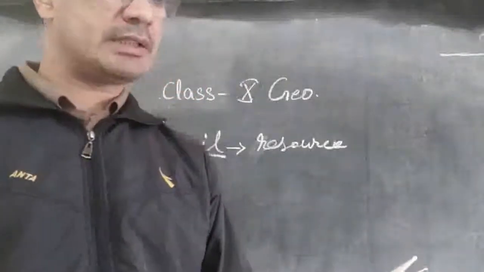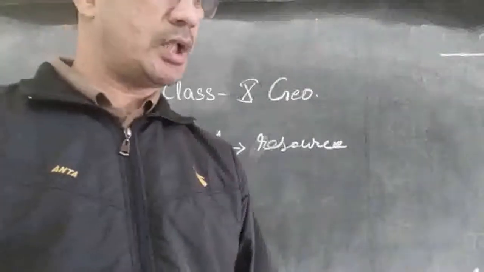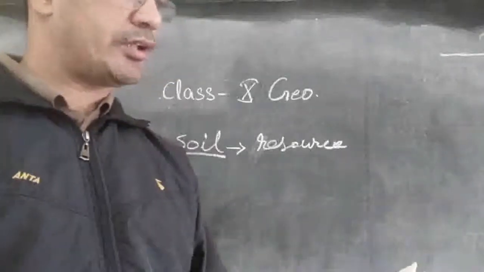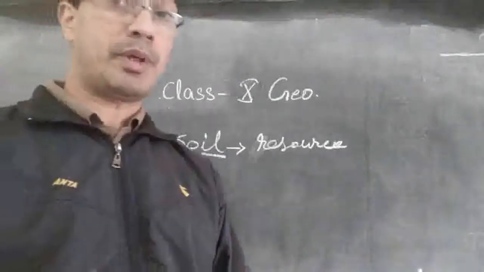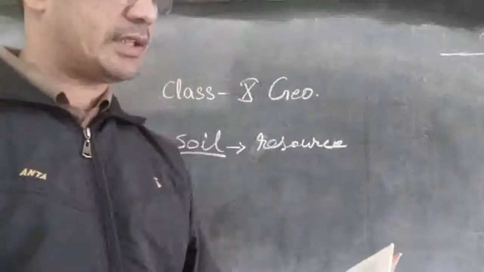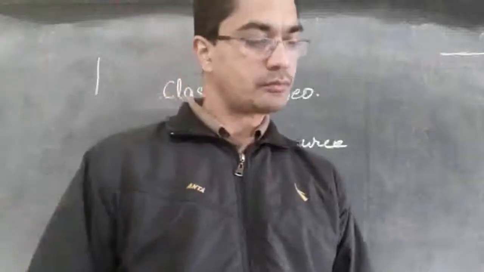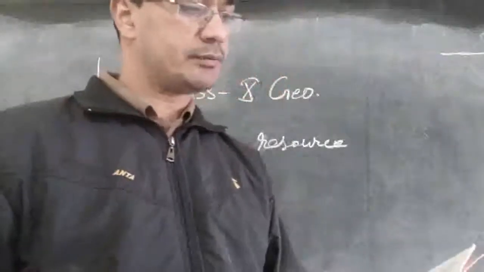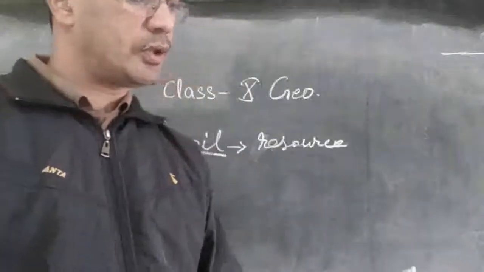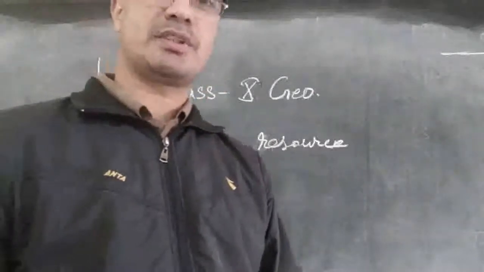Various forces of nature such as change in temperature, actions of running water, wind and glaciers, activities of decomposers, etc. contribute to the formation of soil. So apart from what we said, there are also some more factors, natural forces like running water or change in temperature, then wind and glaciers, activities of decomposers, and so on.